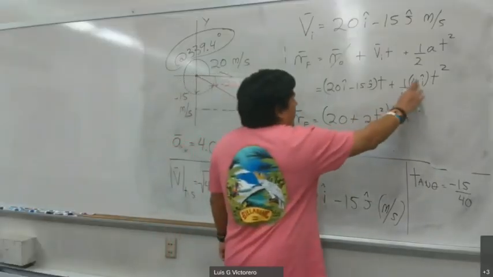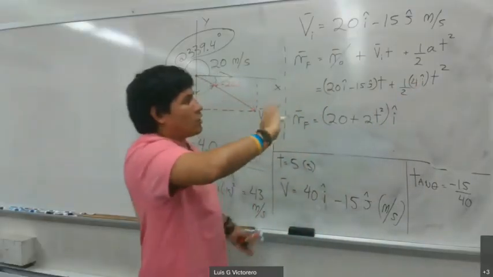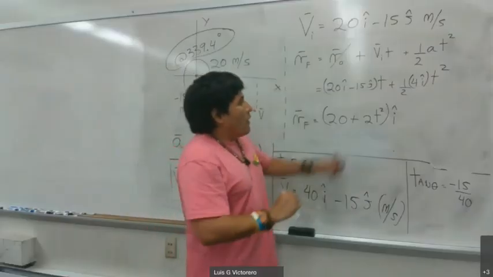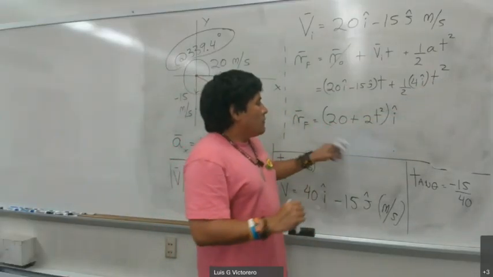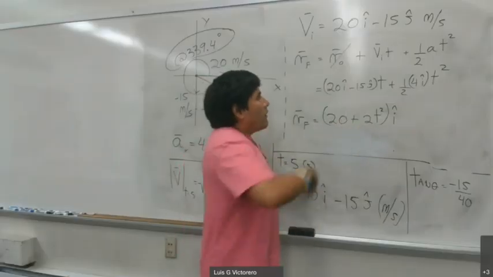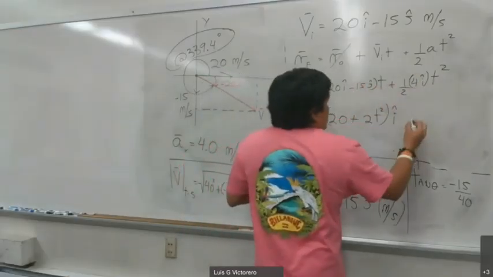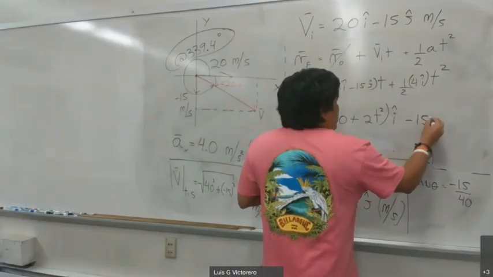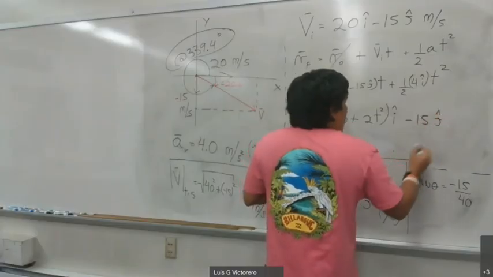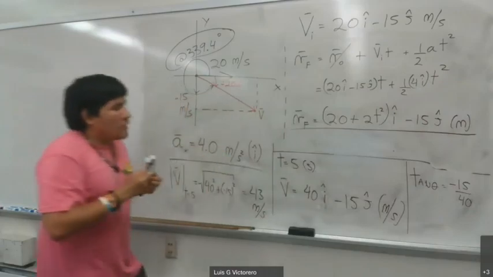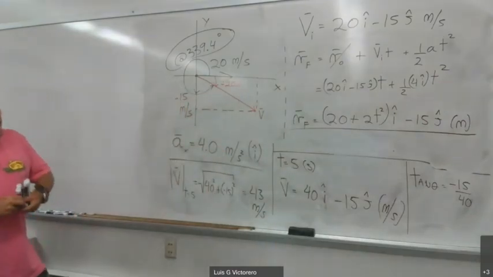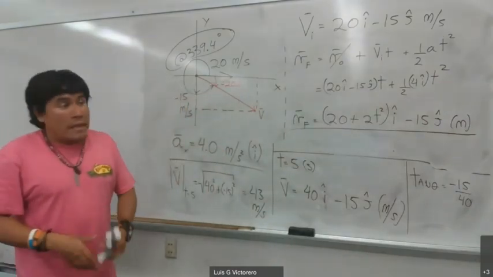The i is like a variable. You cannot combine, t is a variable, but it's an expression there. There's no j there, so just minus 15j. That's your equation for the position as a function of time.